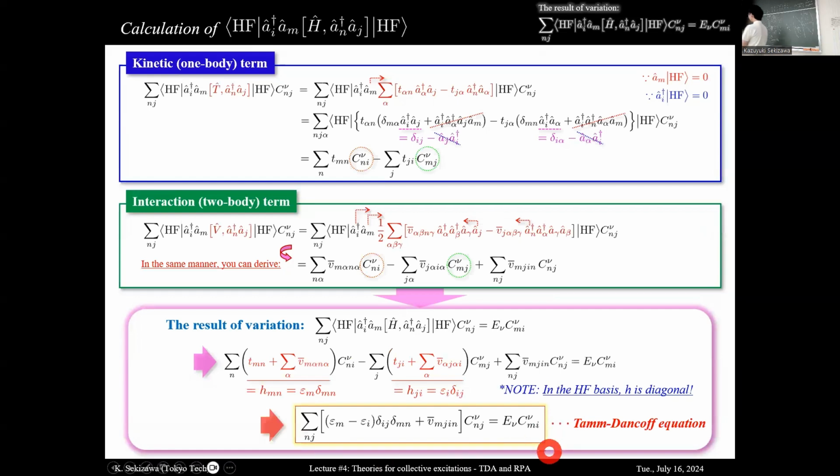And in such a way, we can determine the coefficient C, and we can derive what will be the excited states described by nu, which is a superposition of particle-hole excitations. And this C describes the amplitude, kind of amplitude of which particle-hole excitation modes contribute the most.